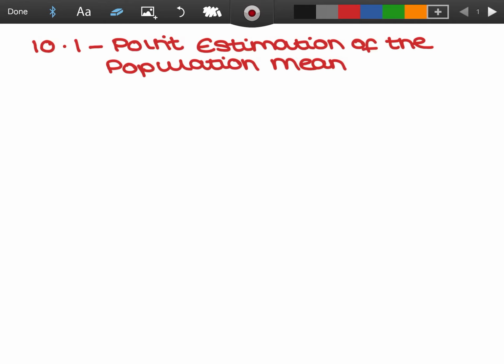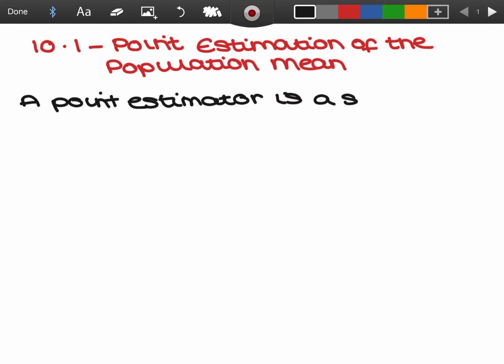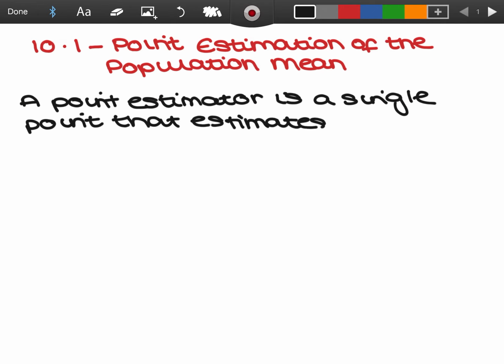10.1 looks at using a specific value, so just one value, in order to estimate what the population mean is. So a point estimator is a single point that estimates a population parameter.